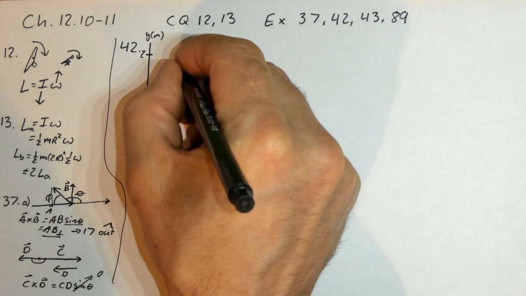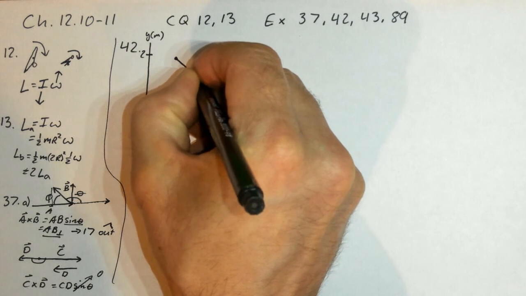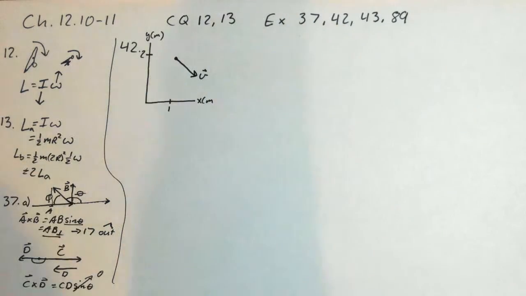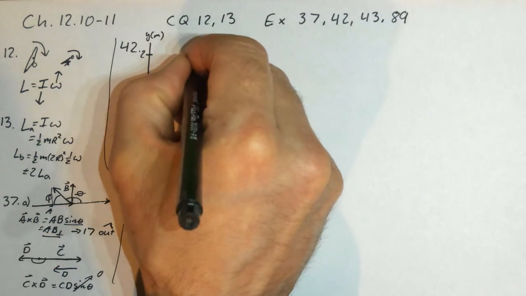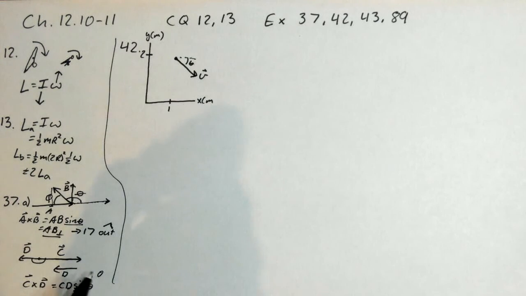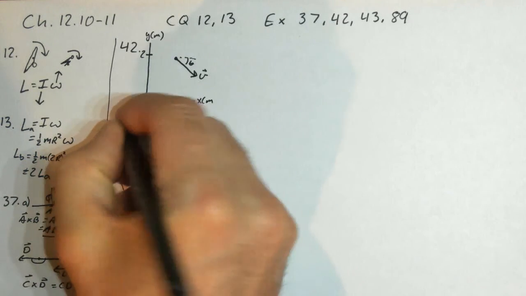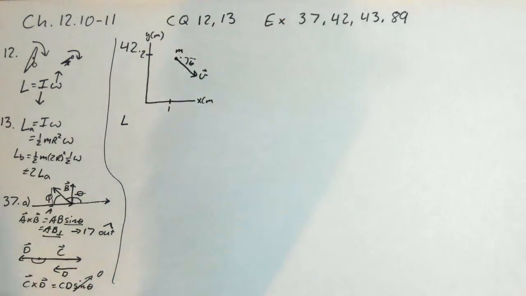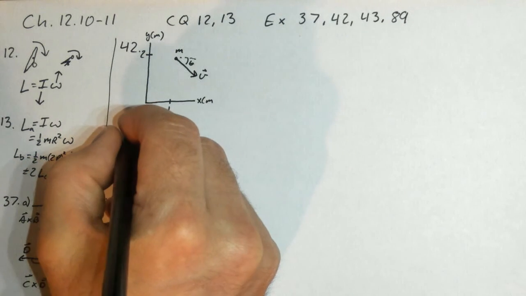And it's moving down and to the right, at an angle of 45 degrees below the horizontal. My question is, what is the angular momentum of this particle? It's a 200-gram particle.